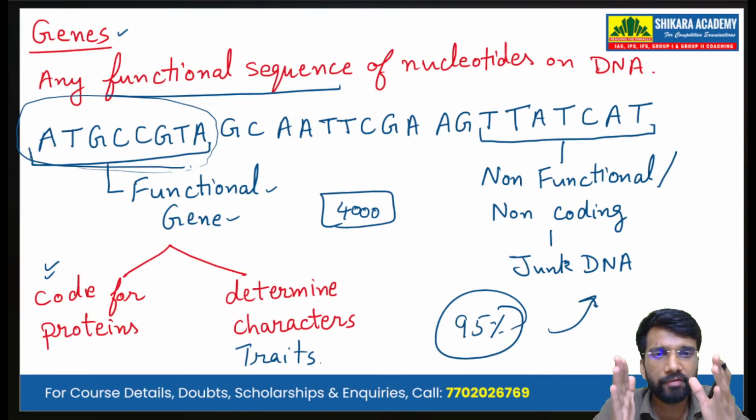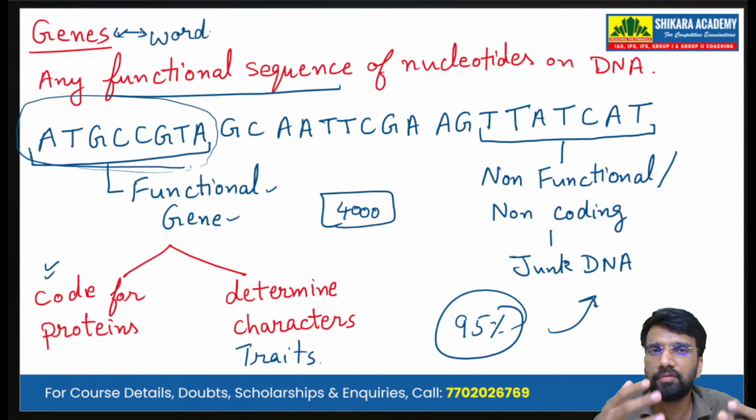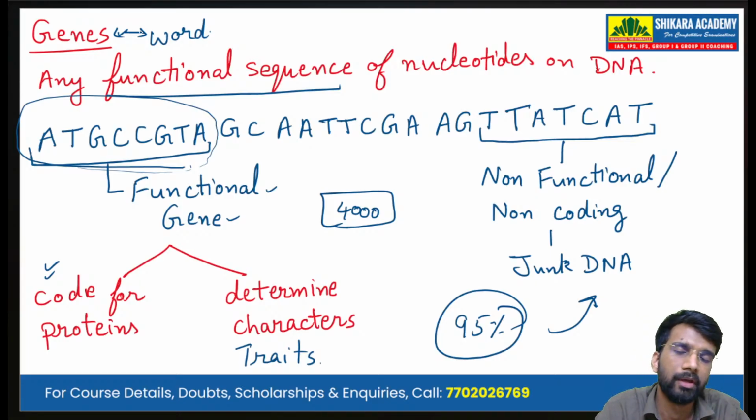Then we can make the analogy of a gene as a word, a meaningful word, and the DNA as a sentence. So gene is equivalent to a word; nucleotide is an alphabet letter and the entire sentence is the DNA.